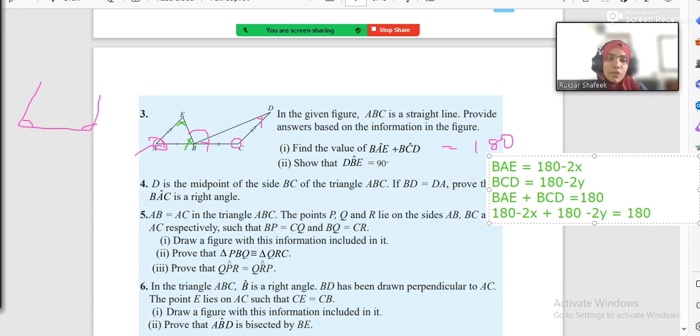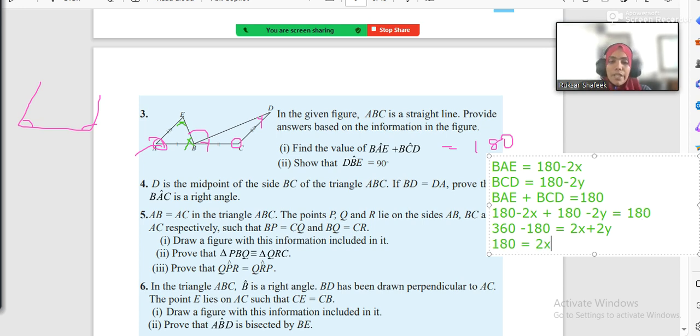All right, we have a lot of 180s, so what are we doing here? 180 plus 180 would be 360 on this side, and I bring the 180 from the other side to this side as well. 360 minus 180 equals, and now minus 2x and minus 2y go to the other side as plus 2x plus 2y. All right, 360 minus 180 would give me 180.